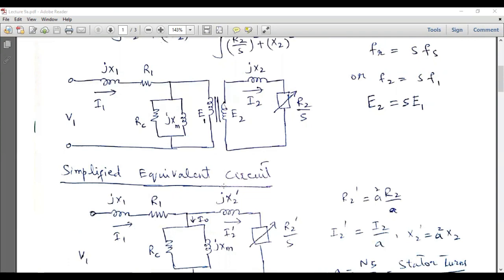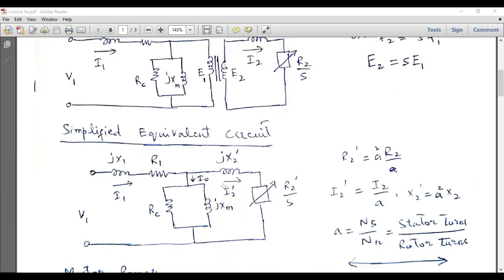The simplified equivalent circuit of the induction motor can be drawn by referring the rotor quantities to the stator side, as we have done for the transformer. In this case, all the parameters across the rotor side will be represented by the prime symbol, and the current as well, and these windings will disappear.